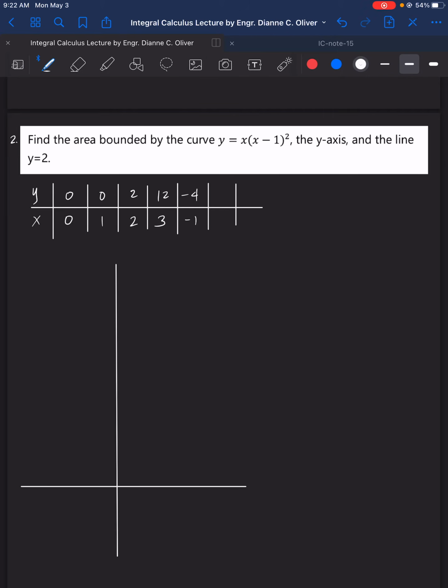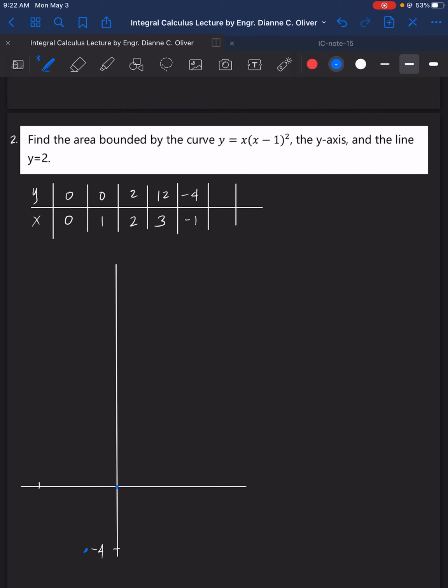So we have here negative 4. So negative 4, 1. So we have here this point. Okay, so point, then 0, then 2, 2.